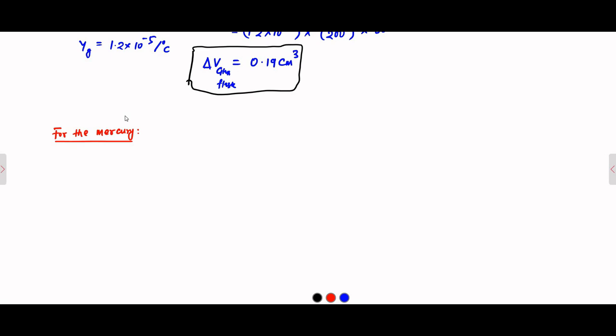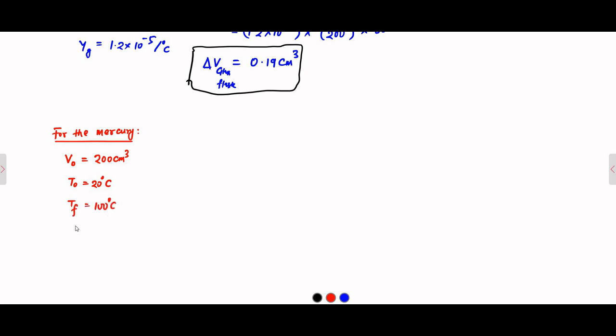So, completely filled means the initial volume of the mercury is the same as the volume of the glass flask, that is 200 centimeter cube. Everything else is the same. The initial temperature is 20 degrees Celsius. Final temperature is 100 degrees Celsius.